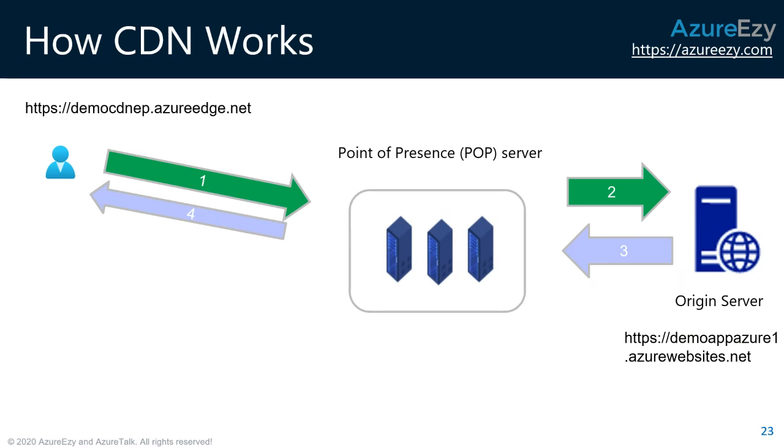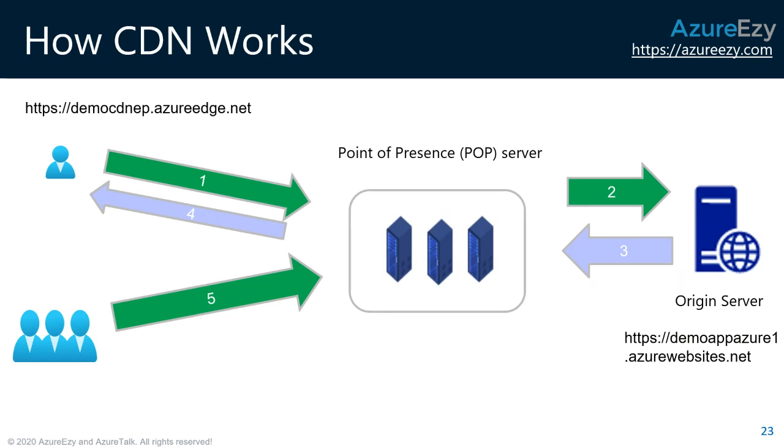Now, let's suppose later on I have some other user who is trying to access the same thing, demo cdn endpoint azureedge.net. In this case, what will happen? Because the first user has already accessed this and this point of presence server has cached that content, the next time any other user tries to access the same thing, it will not go to the origin server.